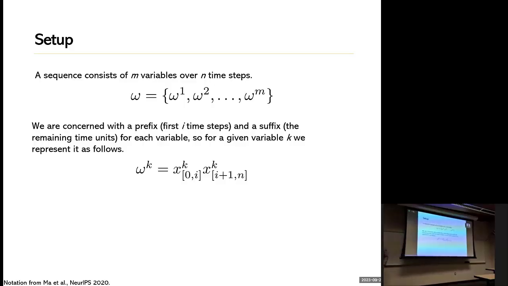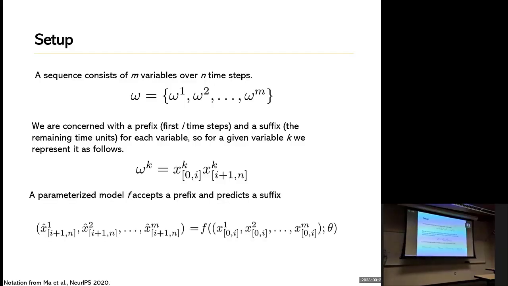So think transformers and recurrent neural nets. The output goes from position I+1 to n for each sample, and f is your neural function that takes in the first I positions of the sequence as input.